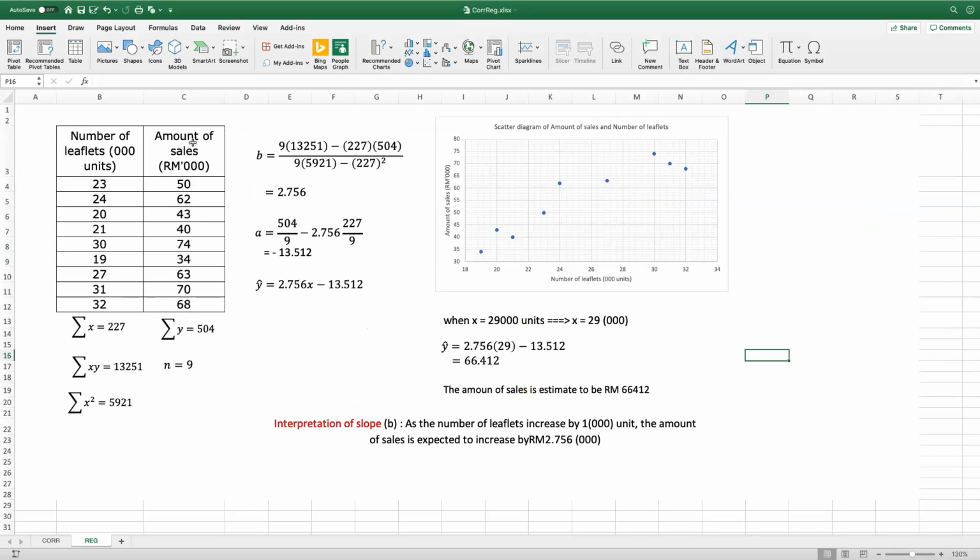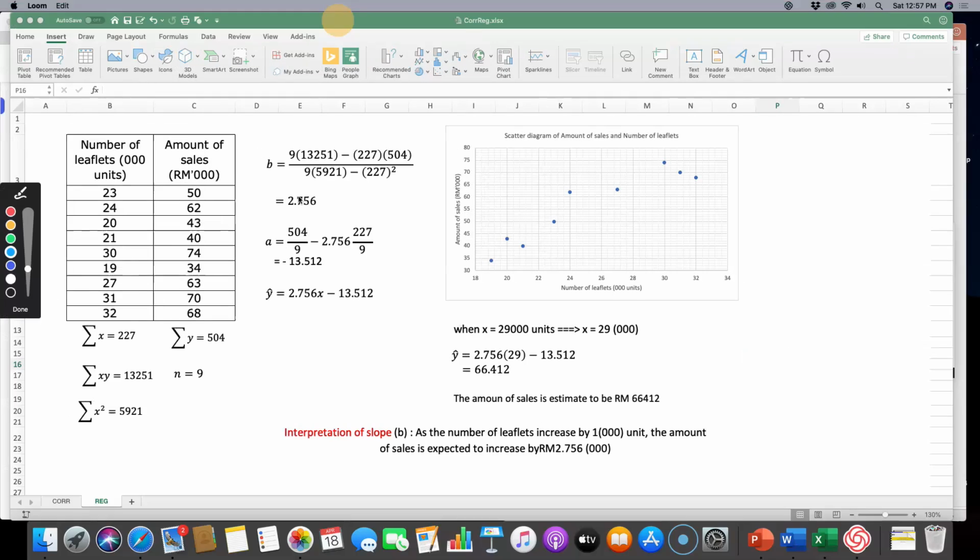So here I'm using Excel to illustrate the information. Here is the number of leaflets and the amount of sales. First, you have to identify which one is your x variable and which one is your y variable. Previously we know that the number of leaflets here will be your x and this will be your y.